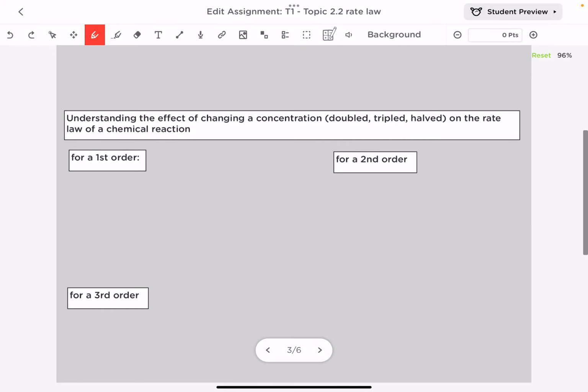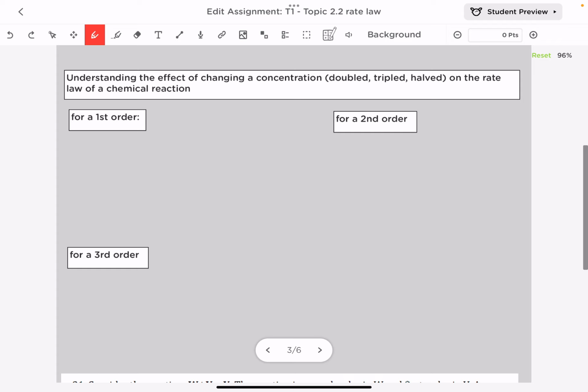Now, before moving on to the method of initial rates that helps you find the rate law through experimental data, we need to understand the effect of changing a concentration on the rate of a chemical reaction.